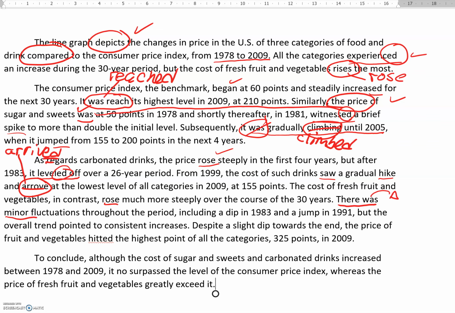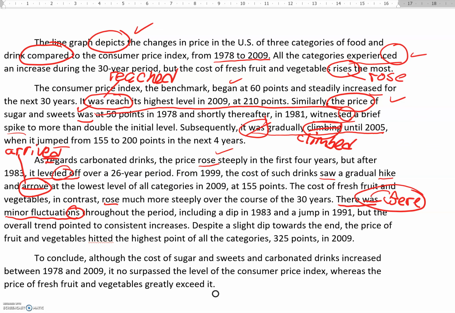And in this case, the subject is minor fluctuations, jumping up and down. Fluctuations is plural, and if the subject is plural, then was is wrong. We need to say there were minor fluctuations throughout the period. Okay, so look out for subject-verb agreement with was or were in the past tense.